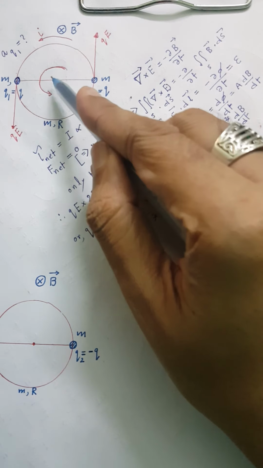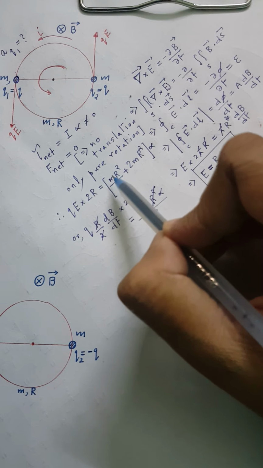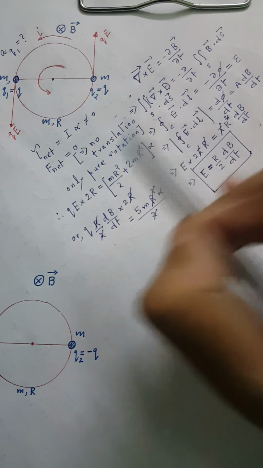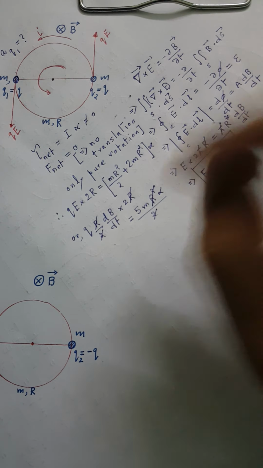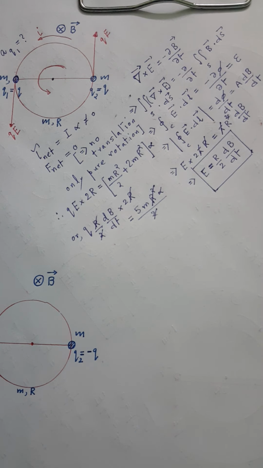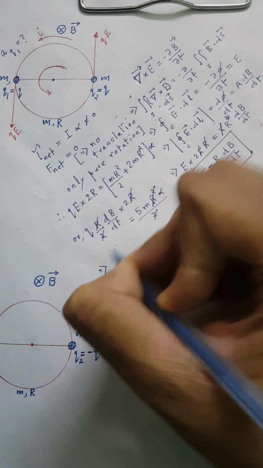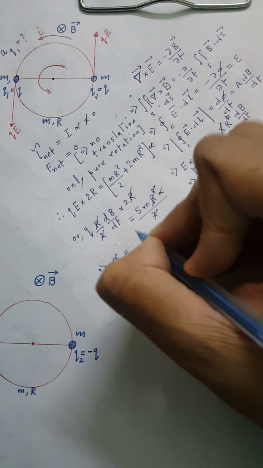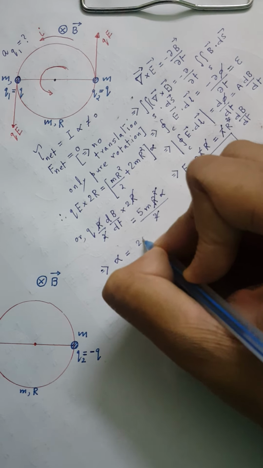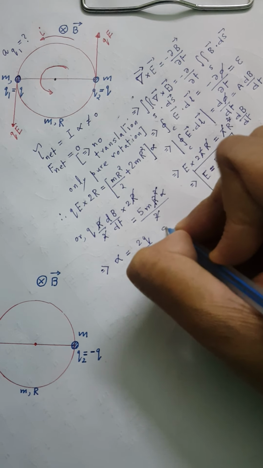Moment of inertia because of this mass mr², and because of this mass mr². So total moment of inertia of the system is mr² by 2 plus 2mr², into alpha. So from here you get 5mr² by 2 times alpha. Okay, this is exactly what you have got, right? So now we have got this particular equation. From here we can find out alpha, the angular acceleration of rotation of the disk. So alpha is basically what you are getting, 2q by 5m times dB/dt.